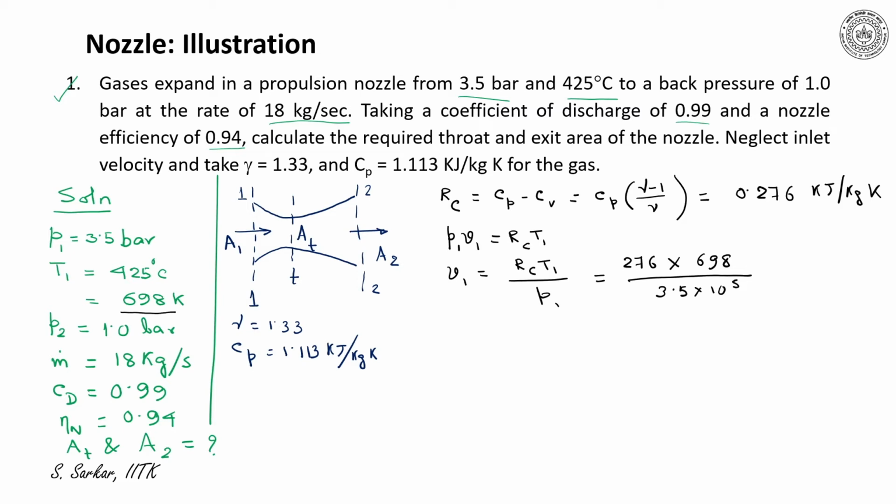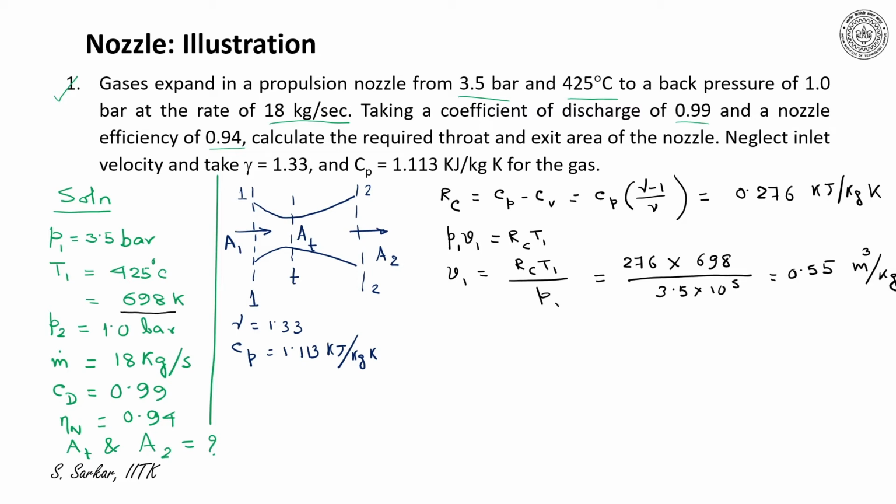I have converted bar to Pascals. If you calculate this, you will get 0.55 meter cube per kg.